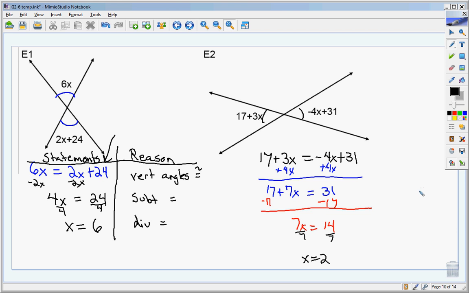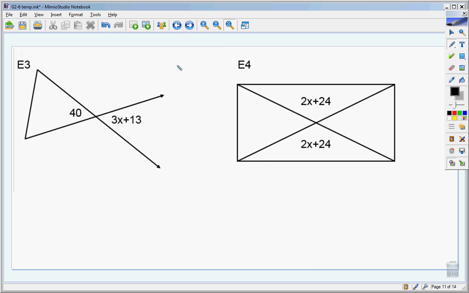It's just that in a proof, they're asking you to actually write that piece of the puzzle in there now. Everybody good with example 1 and example 2? I want you to do example 3 on your own.